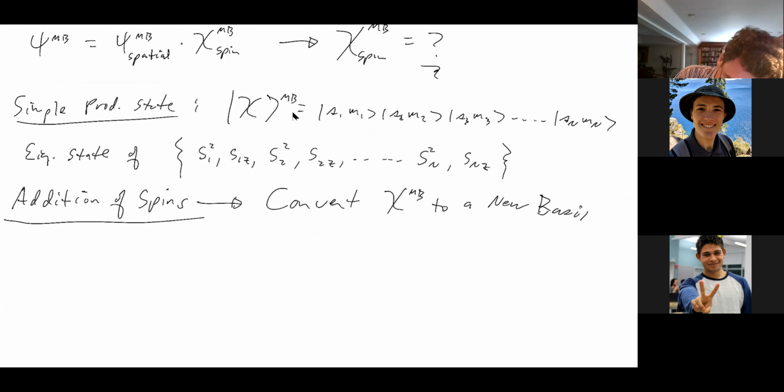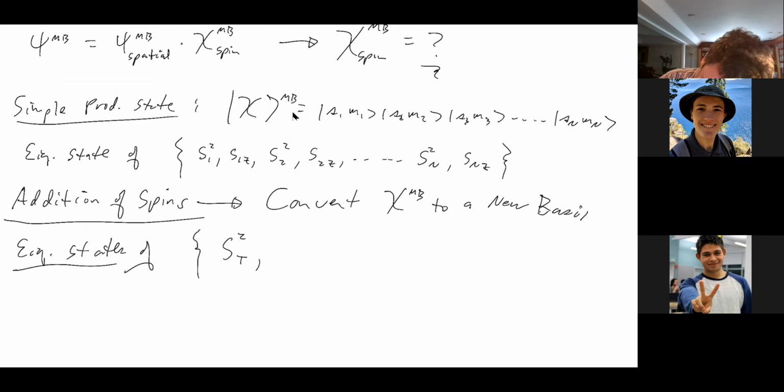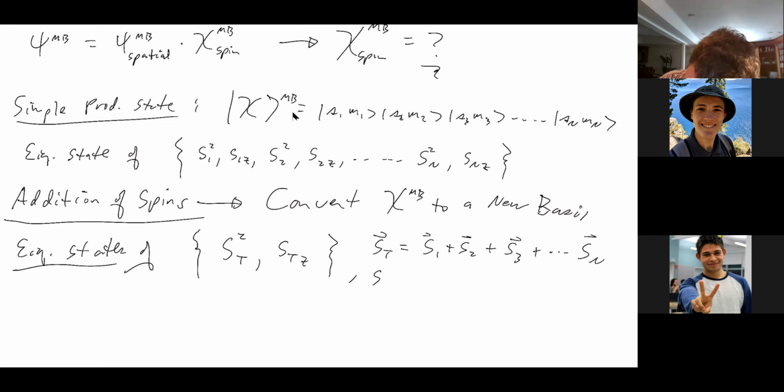The new basis are the eigenstates of the total spin operator and the total z component spin operator, where the total spin operator is equal to the sum of all the individual spins, and the total z component is the sum of all the z components for all the individual spins.